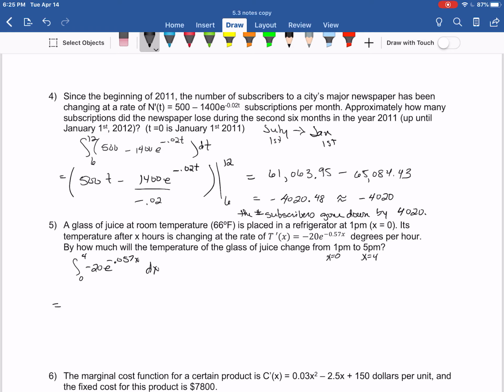Okay, so we're going to compute this integral. We're going to get negative 20e to the negative 0.057x divided by negative 0.057, going from 0 to 4. Plug in the upper limit, plug in the lower limit, do your subtraction. I'll give you that step before the answer.